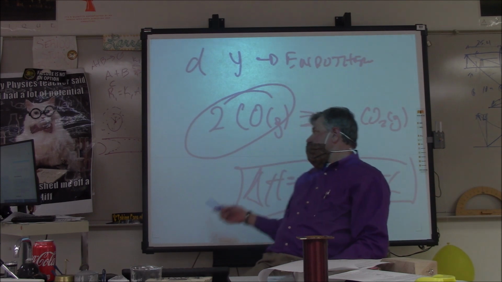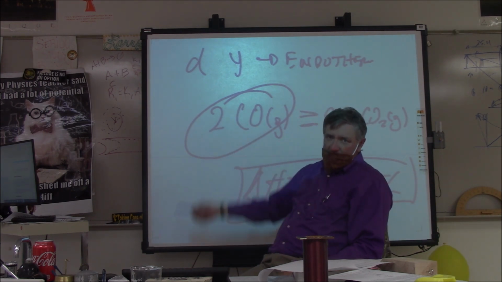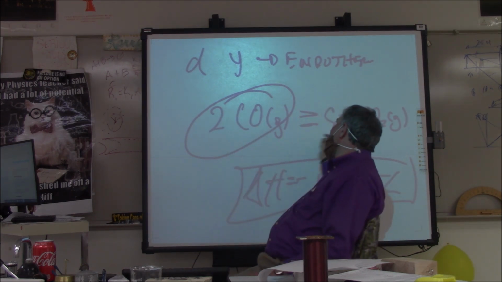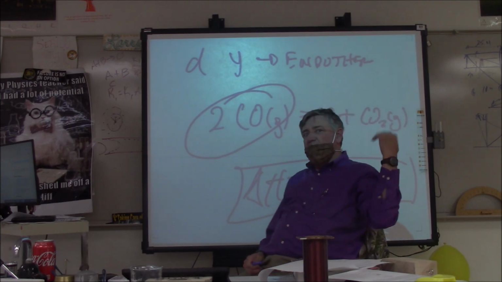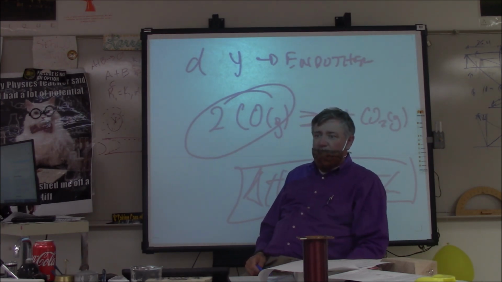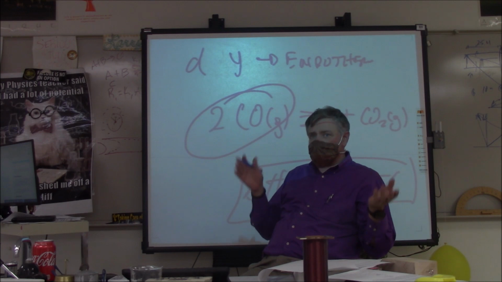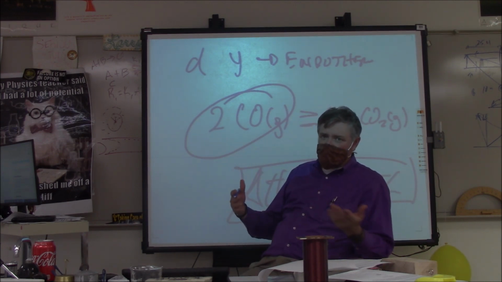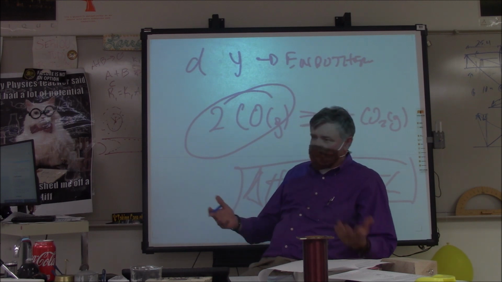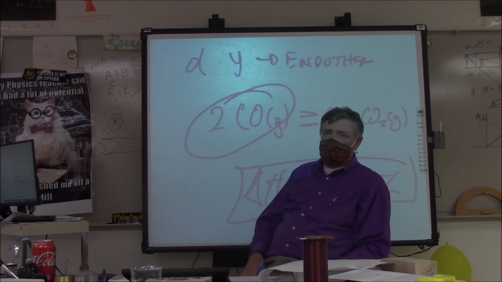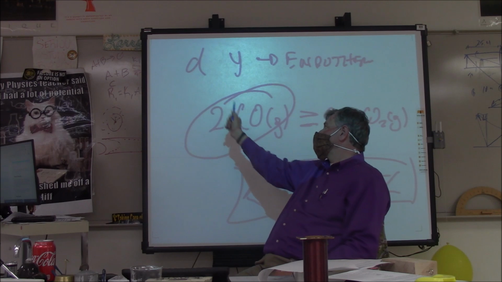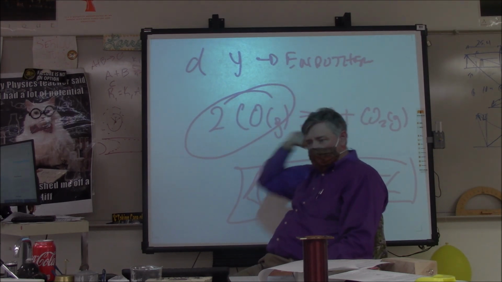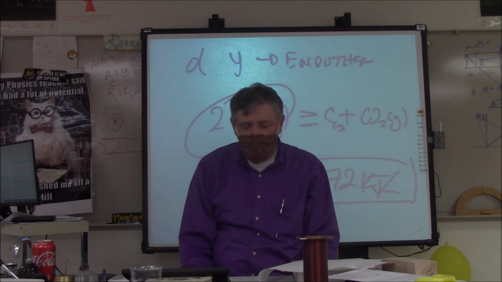You're going to start with 2 moles of gaseous reactant, right? You're going to only end up with 1 mole of gaseous product. So what's going to happen to the number of moles of gas in that container? Decreases. So what's going to happen to the pressure? Decreases. It's going to go down.